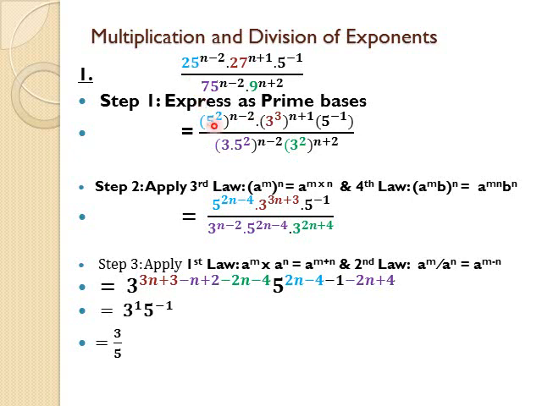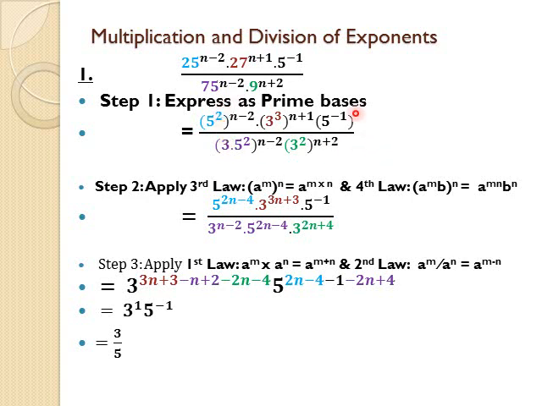So 25 we should know is 5 squared. 27 we should know is 3 to the power 3. 5 is already a prime number, so it stays as it appears. 75 becomes 3 times 5 to the power 2, and then 9 would become 3 squared. So that's expressing as prime bases.